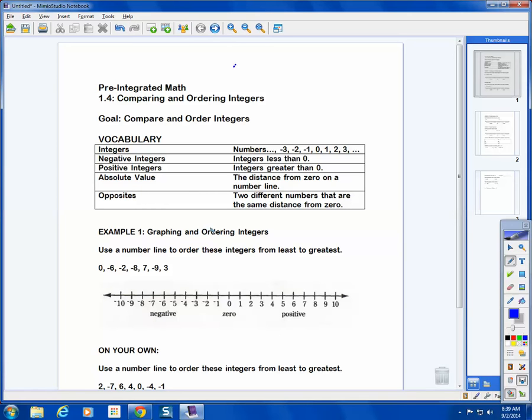And guys, right here, we need to understand some vocab. This is going to be very simple. Integers are simply counting numbers. They're both positive and negative. As examples, you have -3, -2, -1, 0, 1, 2, and 3. They're always going to be whole numbers. Is 4.2 an integer?